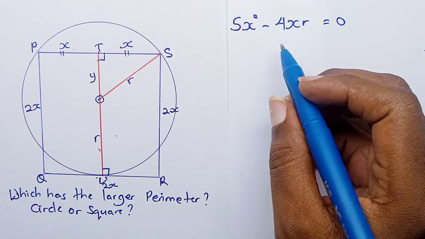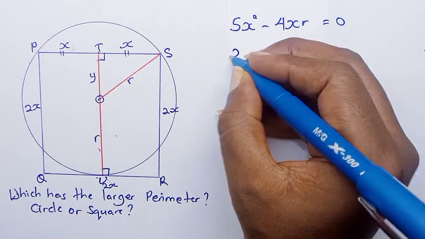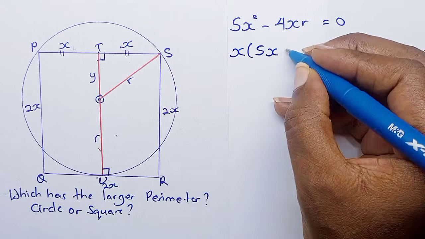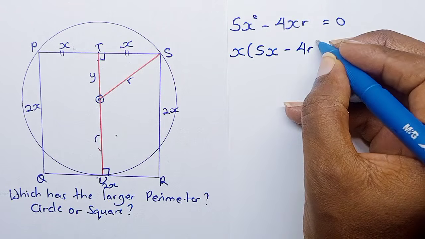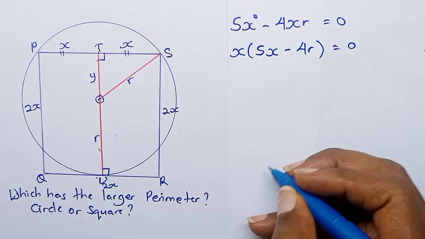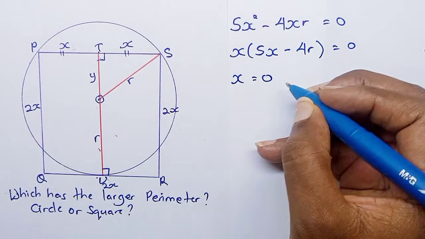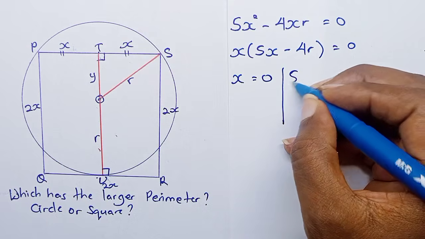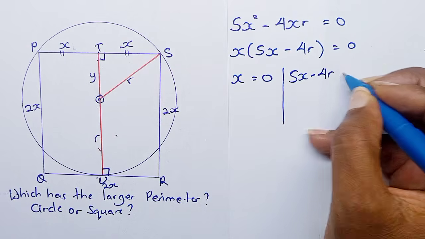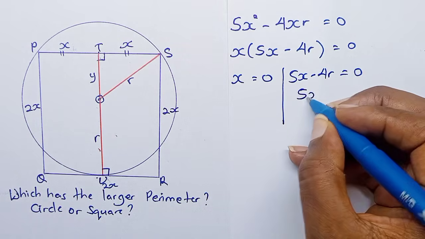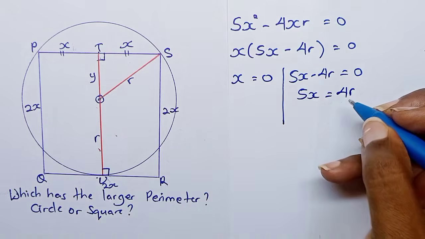Since x is common, let's factor it out. So we shall have x into (5x minus 4r) is equal to 0. So we have two options. X is either equal to 0 or 5x minus 4r is equal to 0. So 5x is equal to 4r.